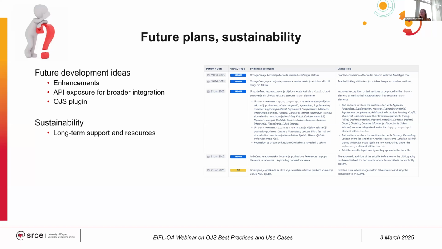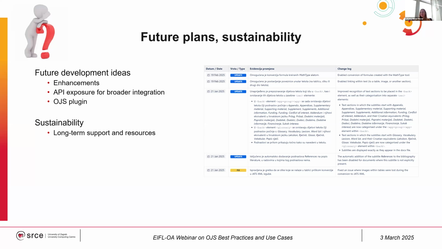So while the service has proven effective, it's clear that improvements are necessary, particularly in reference recognition, because we want to reduce the manual intervention as much as possible. Looking to the future, there are wishes for further enhancements to the service, of course. For instance, we would like to expose an API for broader integration with other systems.